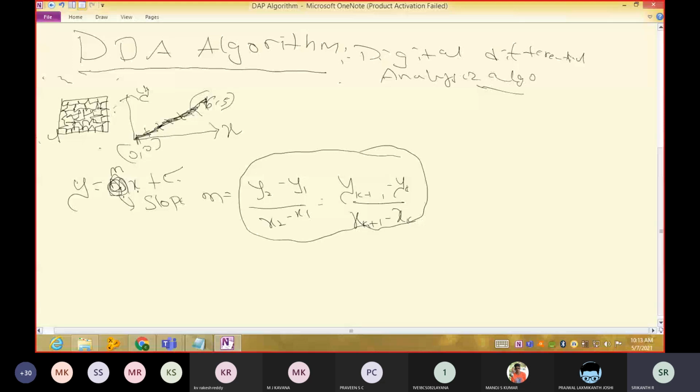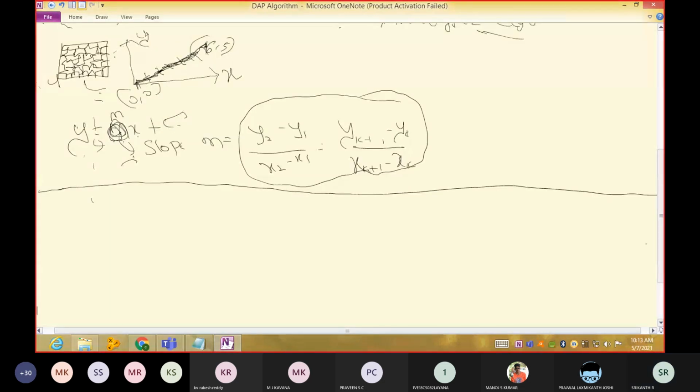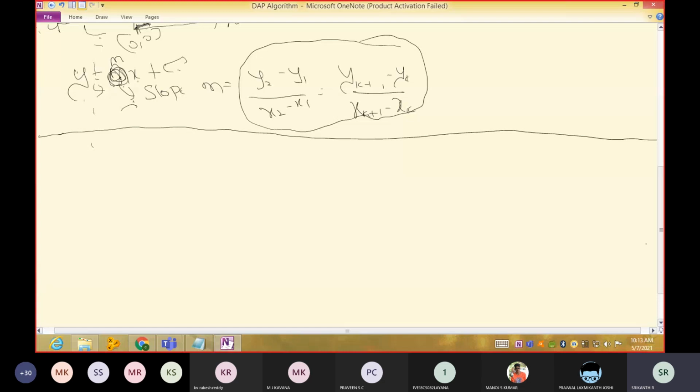This is the thing, right? So next what we have is, after this one, we have three cases. That is m is less than 1, m is greater than 1, and m is equal to 1.